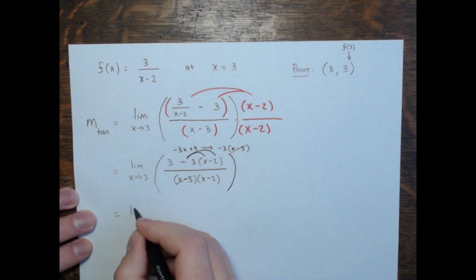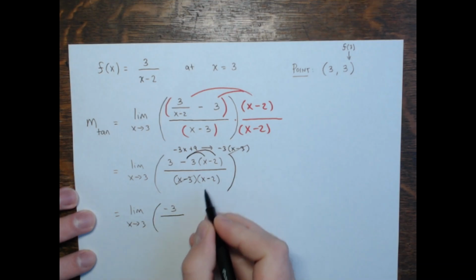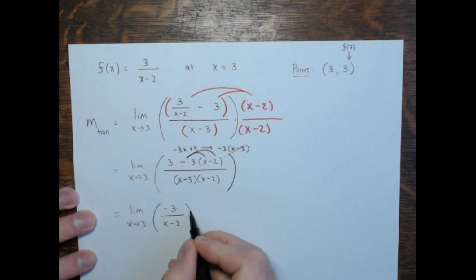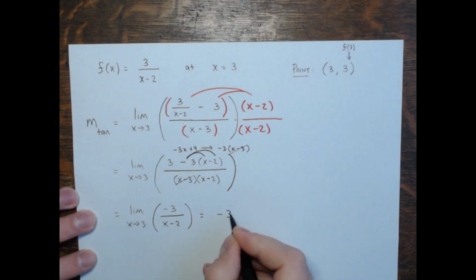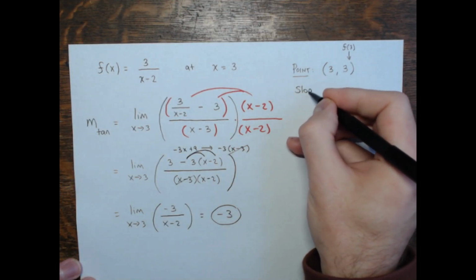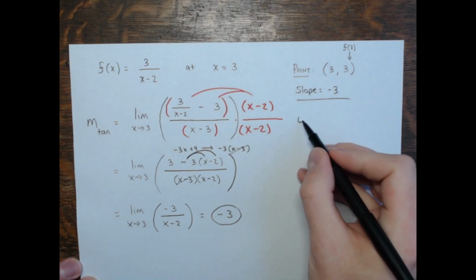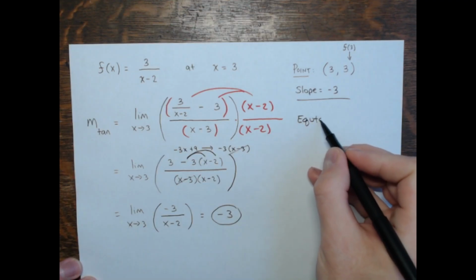So I end up with the limit as x approaches 3 of negative 3 in the numerator, and just this x minus 2 in the denominator. And so we're getting negative 3 over 1, right? Negative 3 when I plug in 3 there. So the slope is negative 3.